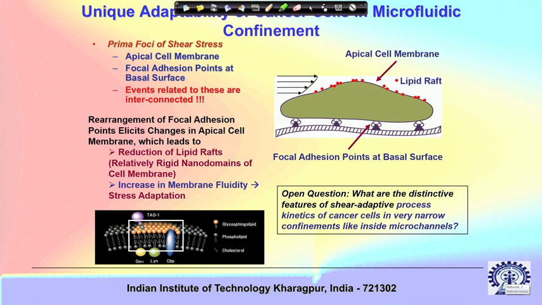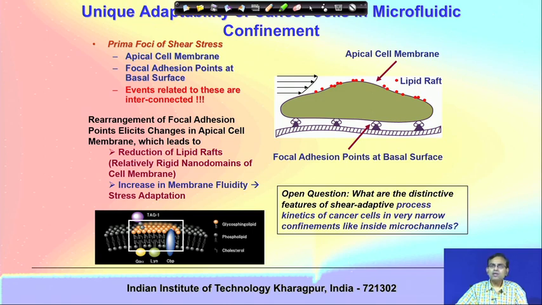So, now if we come to this diagram, there is a flow on the cell. When there is a flow on the cell, first, because of the stress in the surroundings, the legs of the cell are disrupted or disturbed. These legs are called focal adhesion points.